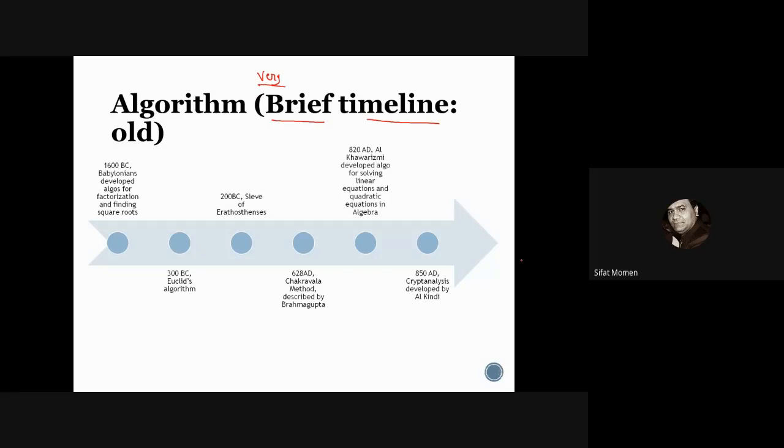Now, I believe there were algorithms before that time as well, but the first documented algorithm that we know of came in 1600 BC. So now I hope you can see how old this discipline is, right? The first documented algorithm we have is in 1600 before Christ.